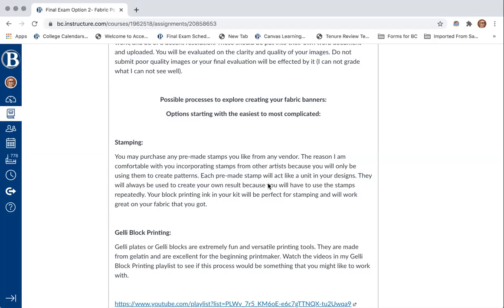So lots of openness here in terms of how you're going to make a pattern with stamping. One of the best tricks for stamping with fabric is to place maybe a towel or something underneath the fabric, and that helps you to push down and the fabric kind of wraps around the stamp, and I find sometimes that helps.